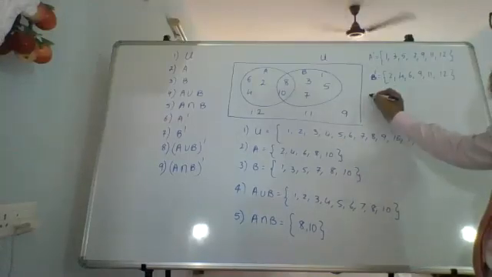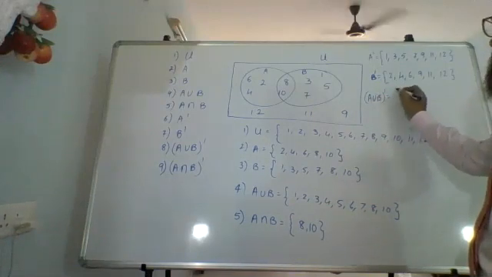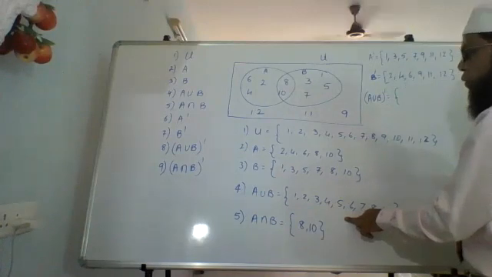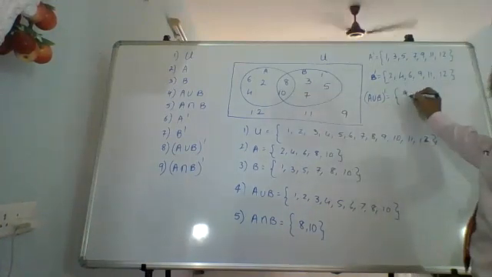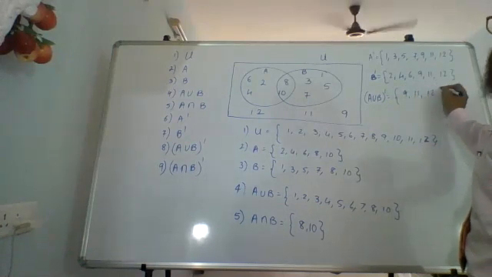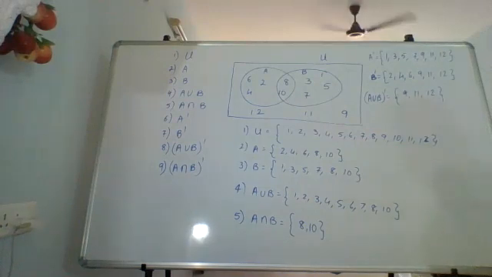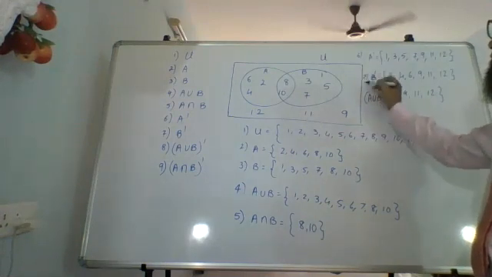Then A union B dash. मतलब इसमें जो भी है A यूनियन B में, वो इग्नोर करके जो बचे हुए है, which is 9, 11 and 12. A union B dash. Okay, this was your 6th one, 7th one.